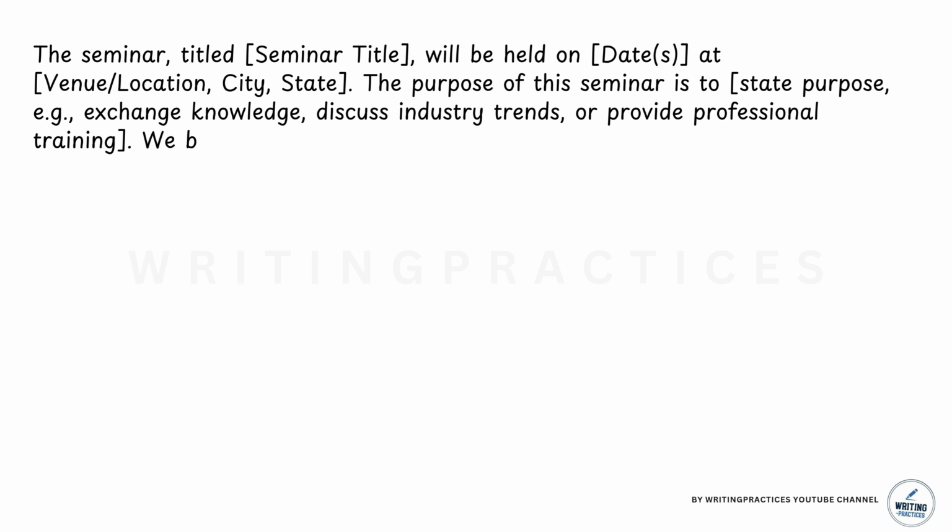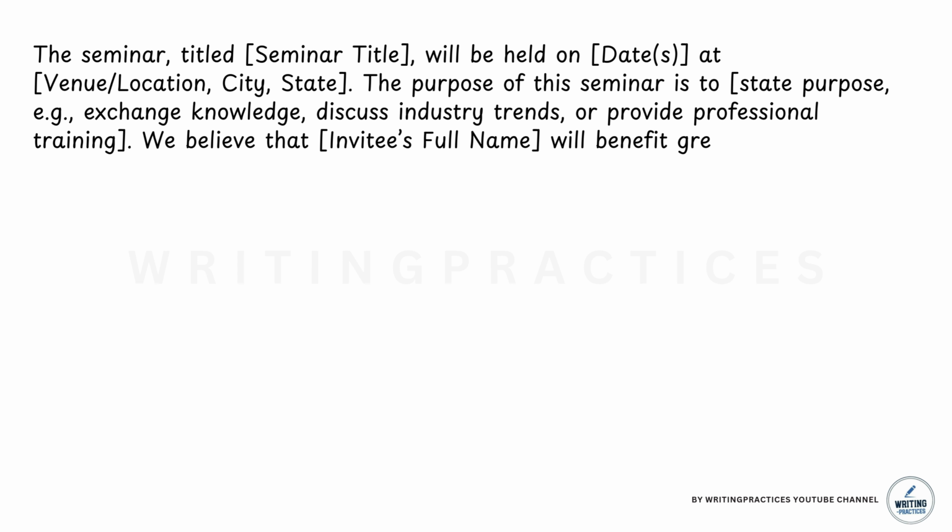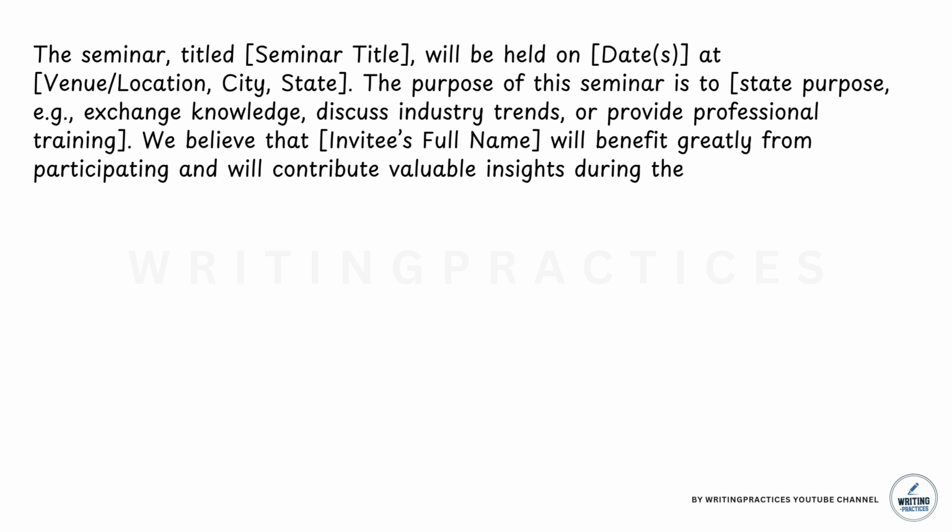For instance, the seminar titled Seminar Title will be held on dates at venue or location, city, state. The purpose of this seminar is to state purpose. This matters because the embassy will want to verify that the trip is legitimate and strictly professional. Giving the purpose adds transparency, and it also strengthens the invitee's application by showing the relevance of the seminar.